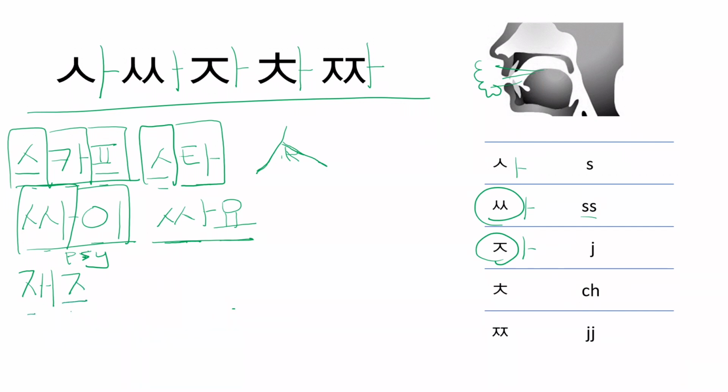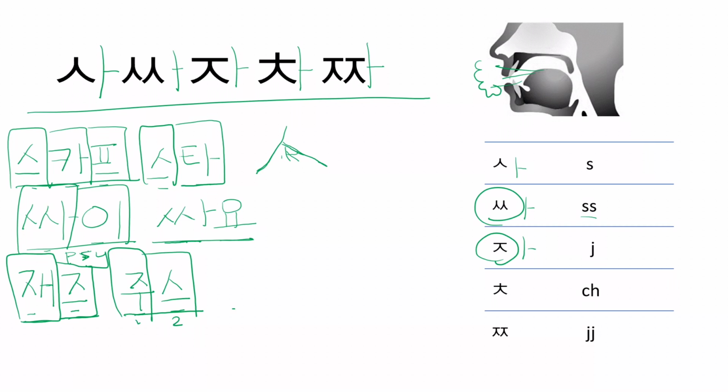제, 즈, jazz. 제, 즈, juice. 주, 스. And then the ju sound is not as voiced as the English ju sound.